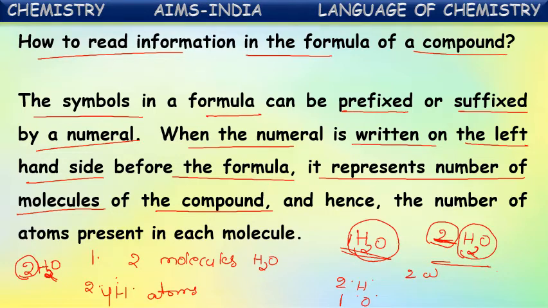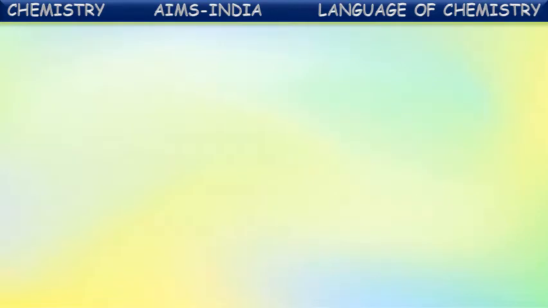And how many oxygens are there? Here nothing is there, which means 1. 1 twos are 2. Two oxygen atoms are present. Is it clear regarding 2H2O? This 2H2O gives the information about two molecules of H2O, 4 hydrogen atoms and 2 oxygen atoms. This is the information we are getting from the chemical compound.